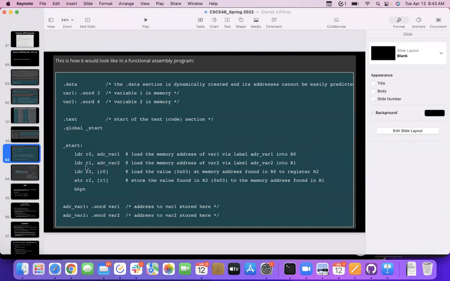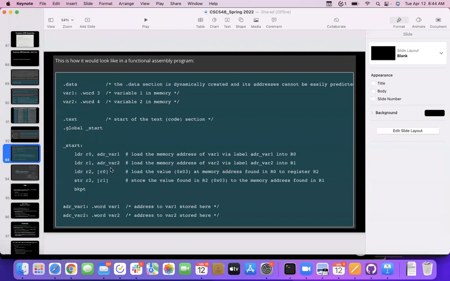We're loading into R1 the address of var2. So both of these are just memory addresses. So R0 holds some number, R1 holds some number, and those numbers happen to correlate to an address in system memory. All right, so that's what we're loading into those two registers. Now we're loading into R2 the value found at that memory address. So R0 holds a memory address.